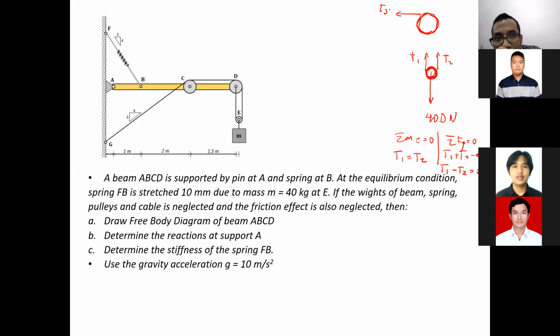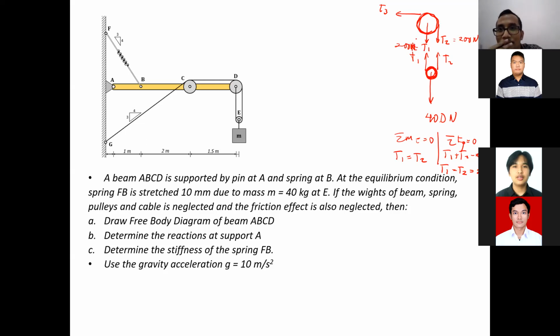And then T1 and T2 as well. Which way are they going? Going down, because it's action and reaction with the previous one. Here we already know the value is 200 Newton.